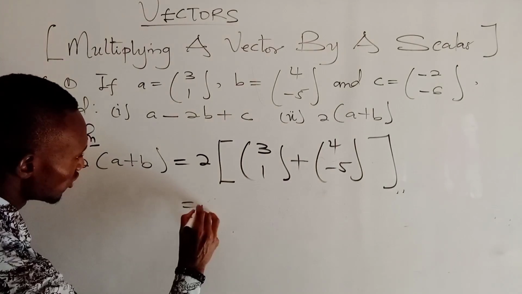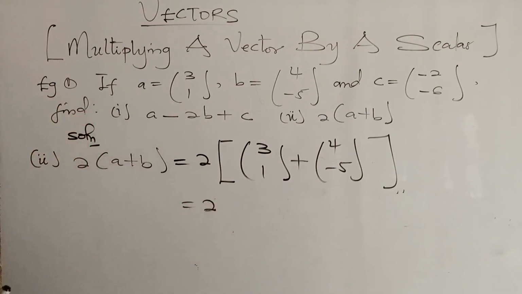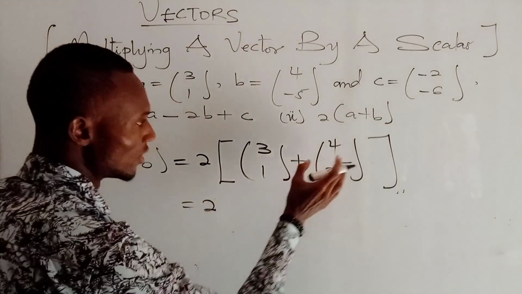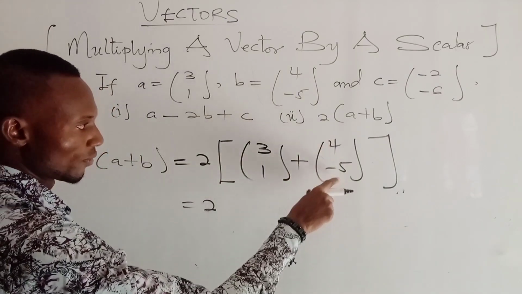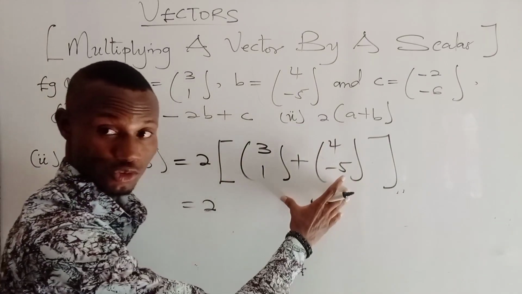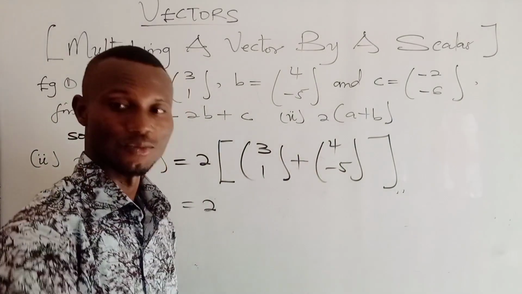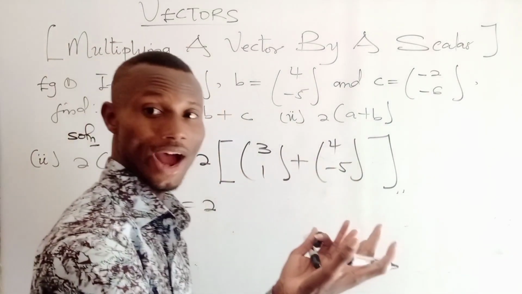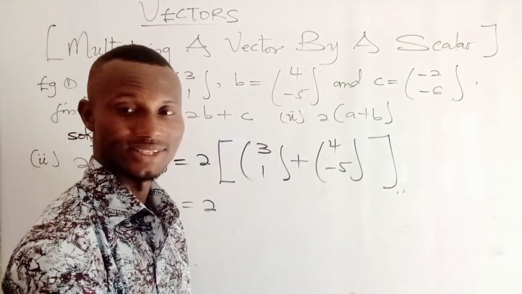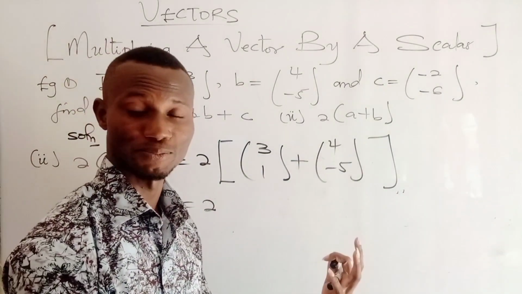So I'm going to repeat my 2 here. Then let's simplify what is in this bracket, which is 3, 1 plus 4, minus 5. We are adding these two vectors. And don't forget, we add corresponding components. So we add the top ones and we add the down ones. When we are subtracting, it is the same process.